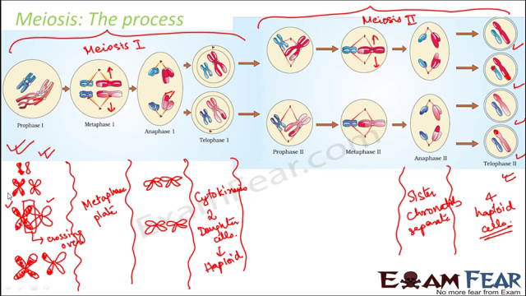Since cell division was now properly visible, they started understanding the behavior of chromosomes, and they found that the behavior of the factors given by Mendel was quite similar to the behavior of the chromosomes. So they started to connect the dots. They wanted to connect the link between the Mendelian factors and chromosomes, and that is how they came up with the chromosomal theory of inheritance.